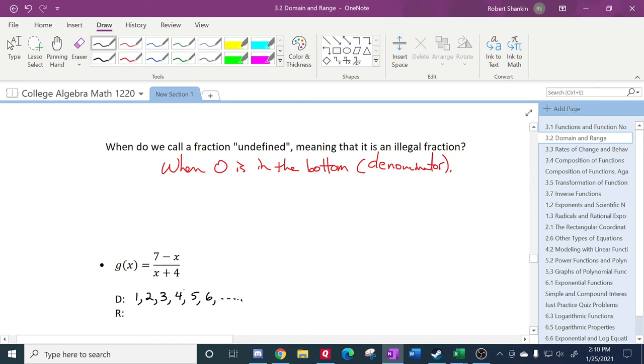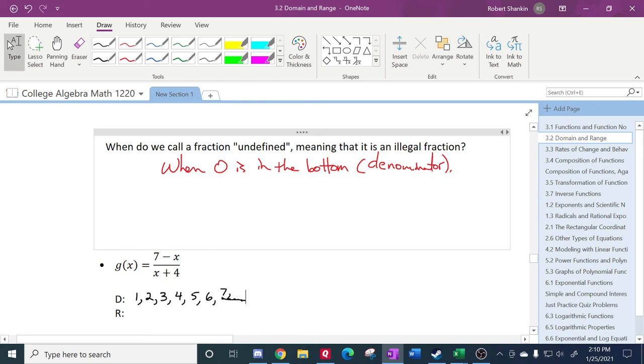Let me go to one more number before I go to the dot, dot, dot. What about 7? Is 7 okay as an input? Well, if 7 is an input, I'm going to get 0 in the top. Is that okay? The answer is yes.